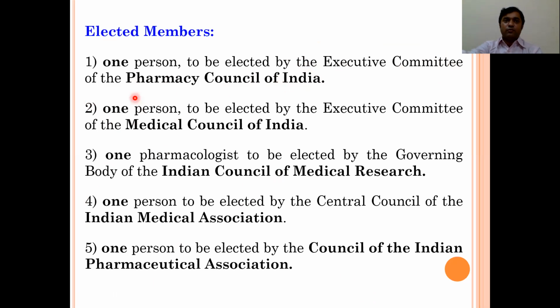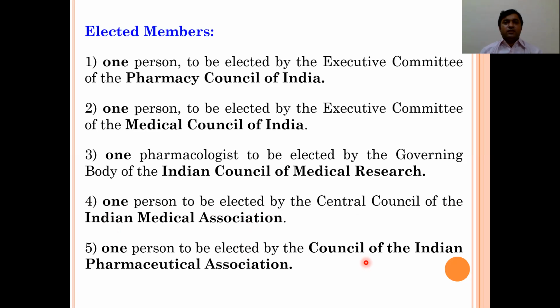In the same way, one from the Medical Council of India and one pharmacologist from ICMR, which is a governing body. One person is elected by the Central Council of the Indian Medical Association, and one person from the Council of the Indian Pharmaceutical Association. If you observe these elected members clearly, you can remember them very easily.